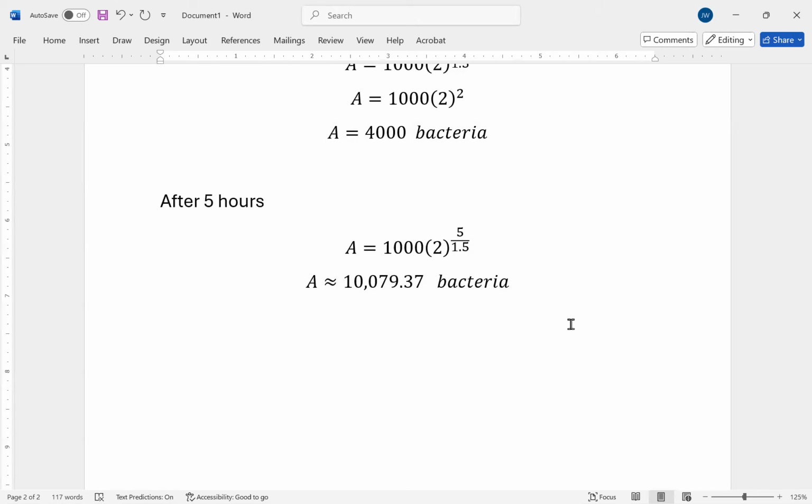And again, I get this rounded number because I have kind of an ugly exponent there. 5 over 1.5 is 3 1/3. So not a super easy exponent to deal with. The last question says, how long until we have 1 million bacteria?